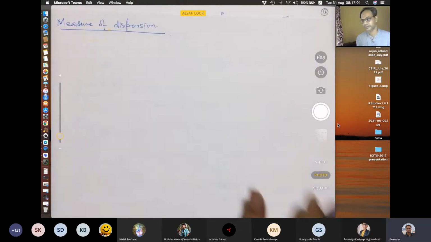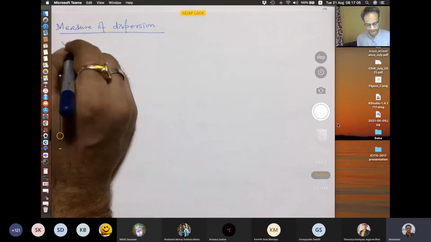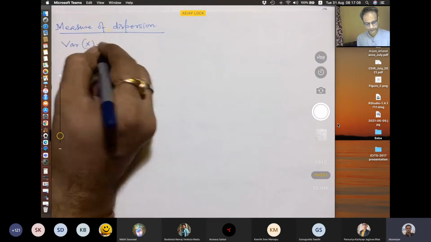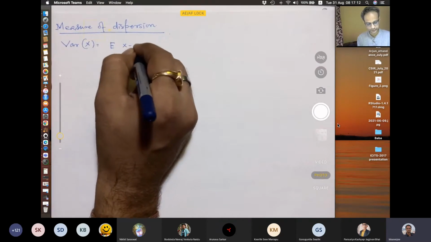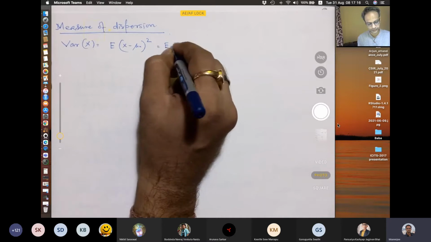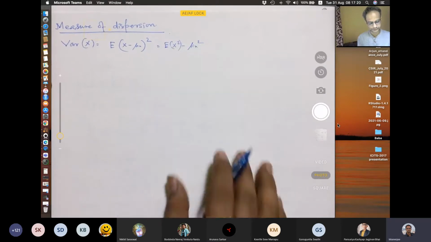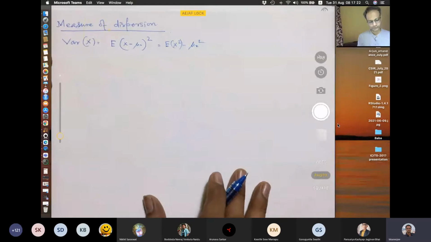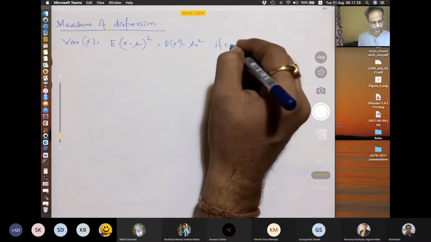Usually people go by the variance. So the variance of X is the expectation of (X minus mu x) whole square. It is equal to the expectation of X square minus mu x square, always if it exists.